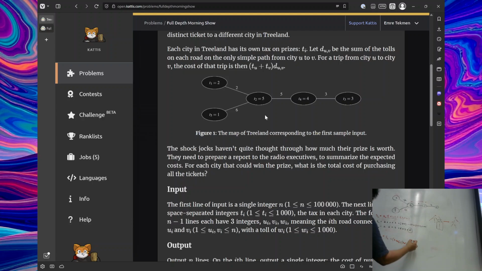But then we also gain a weight from everything not in the subtree. So it's going to be n minus the size of V. Does that make sense? So we lost some and we gained some, and this is how much we gained.